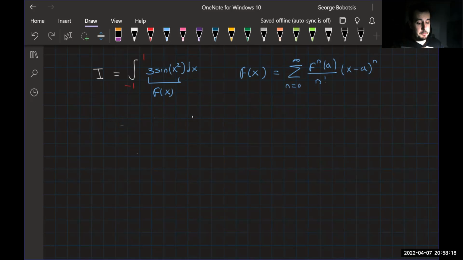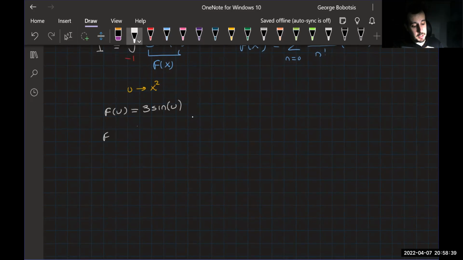But if I make a u substitution, where my x squared turns into a u, I have my original function in terms of u written like this: 3 sine of u instead. Now if I differentiate this a bunch of times, look what I'm getting.